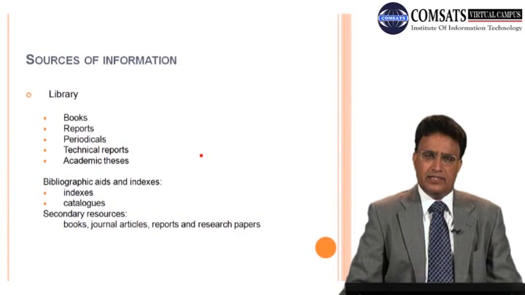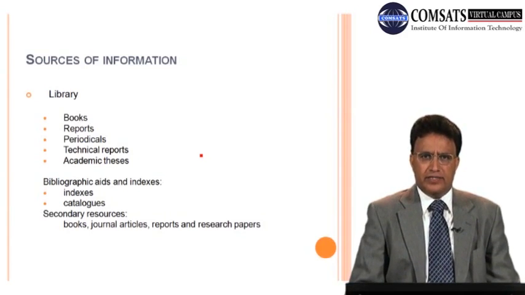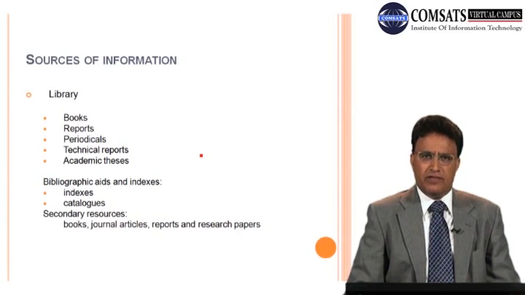Bibliographic means how the information required to find or locate the books is provided. Any library has a systematic way of retrieving or accessing books or other information, and one of them is bibliographic aids.